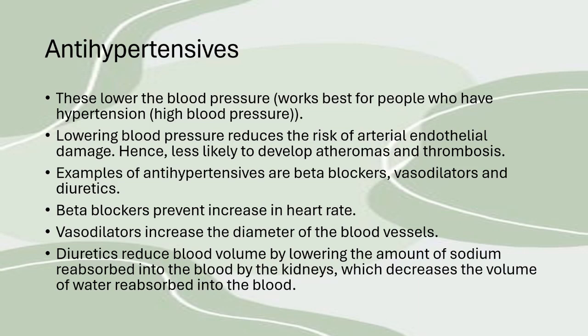It's because, as we know, an increase in heart rate increases the chances of the endothelial walls being damaged, which then leads to the cascade of events that lead to the development of atherosclerosis due to atheromas forming. So by having a lower heart rate, the risk of high heart rate being the cause for endothelial damage is much lower.